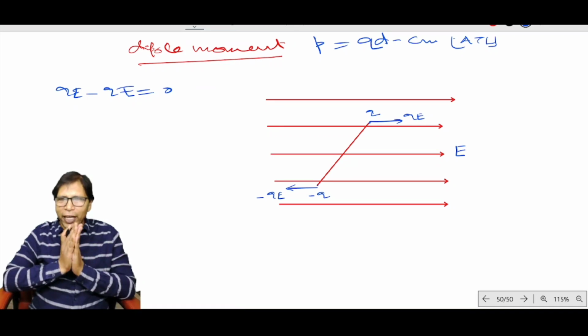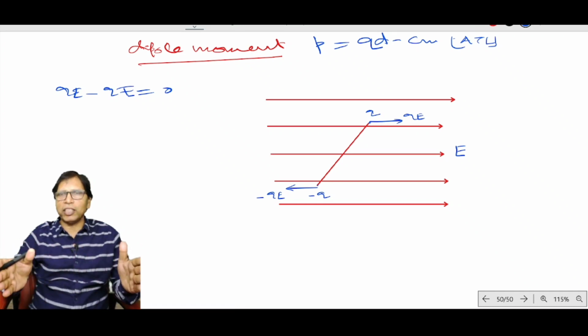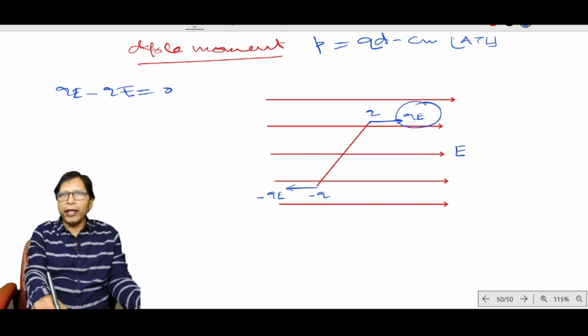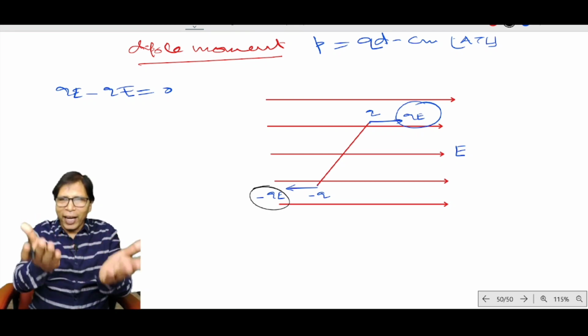So there is no translational motion of a dipole in a uniform electric field. But in a non-uniform electric field, this force is non-zero. Therefore, a dipole experiences a translational motion in a non-uniform electric field. Now the forces QE and minus QE are equal, opposite and parallel, so they constitute a couple.